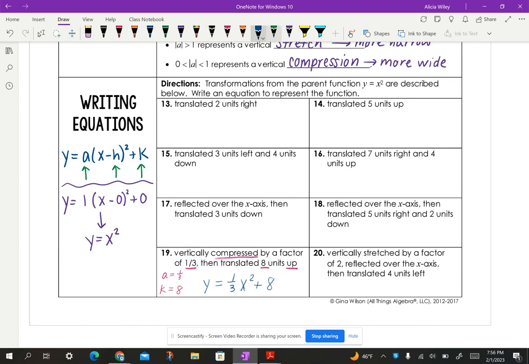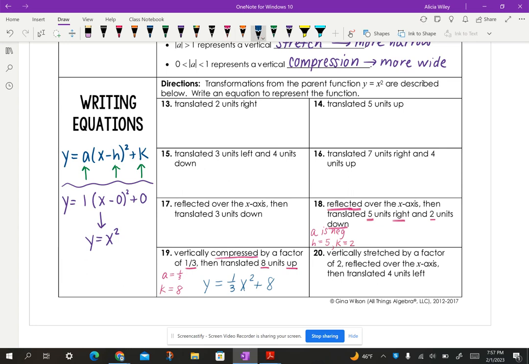Let me do one more. I'll do 18. On number 18, I have a reflection over the x-axis, which tells me that your a value is negative. Then I have a translation 5 units to the right, which tells me that h is 5. And then I have 2 units down, which tells me that k is 2.